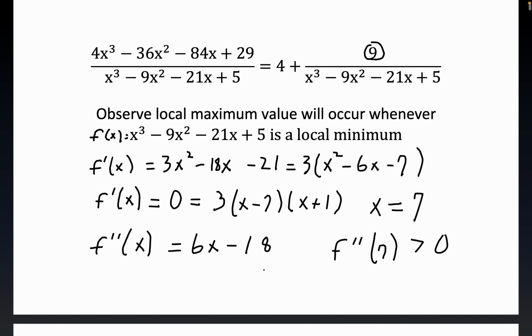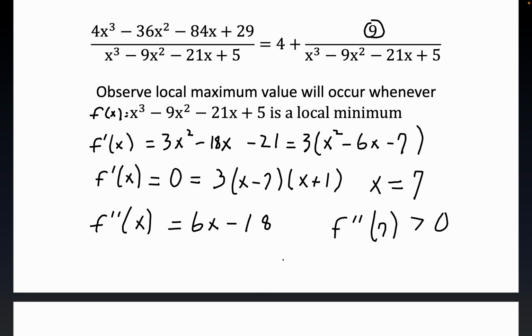Now, what does that mean? The reason why the concavity is important is that locally you would have something looking like this, and this would be 7, let's say. This point right here would be 7, and then some unknown y coordinate we could calculate, but there's no need to do that.